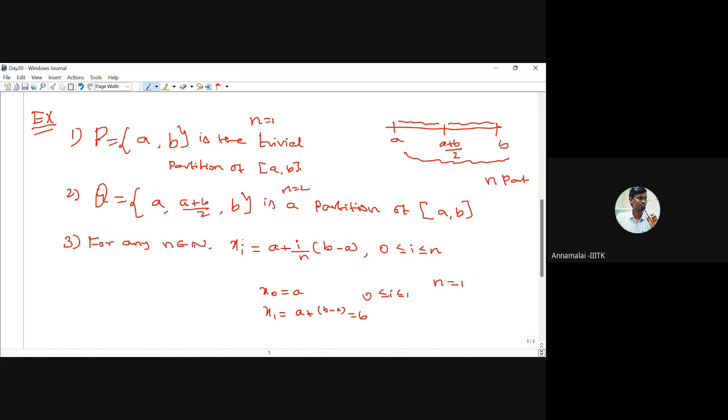Now if we substitute n equal to 2, we get this second partition Q. In general, xi is a plus i by n times (b minus a). If we collect these numbers xi, the finite set x naught, x1 up to xn is a partition.